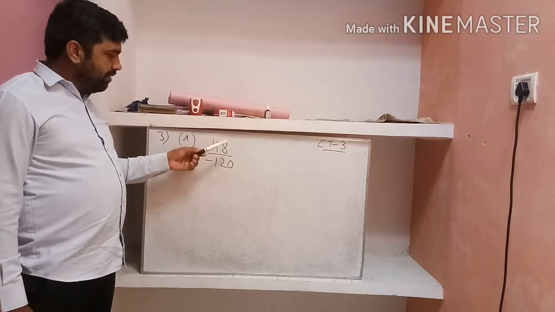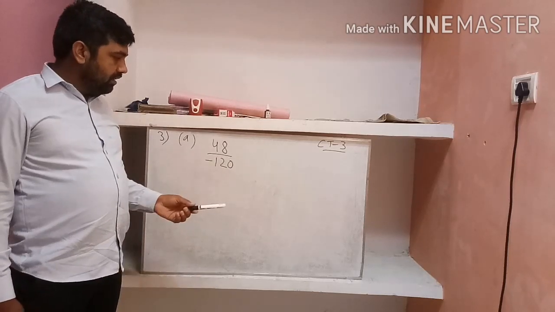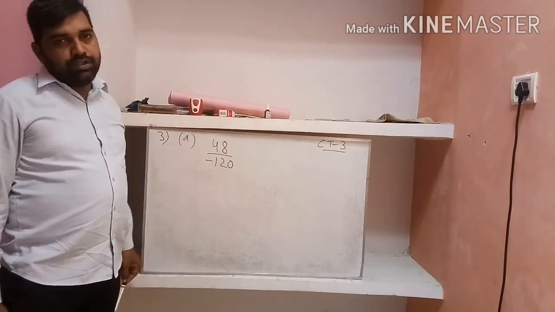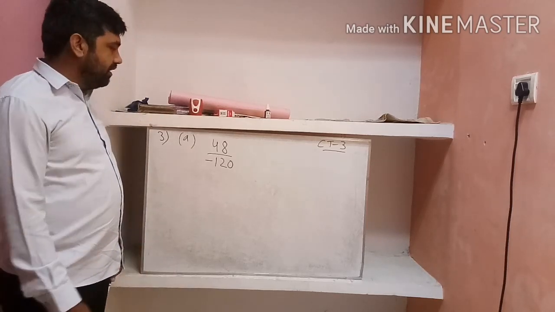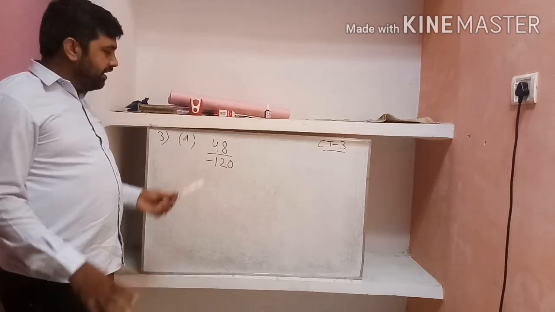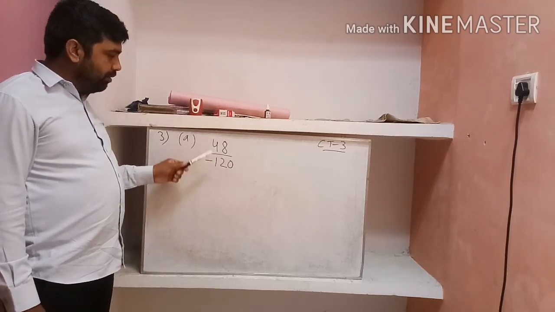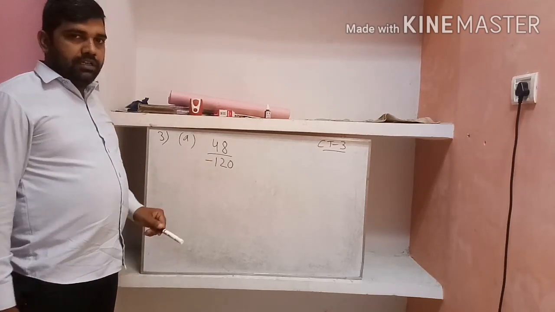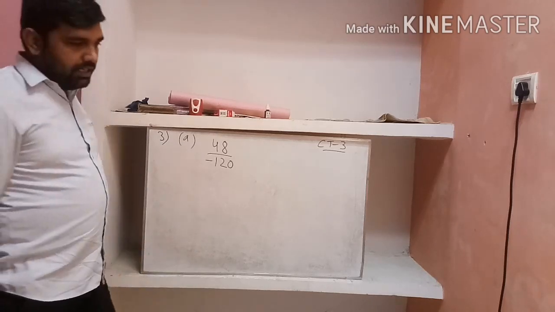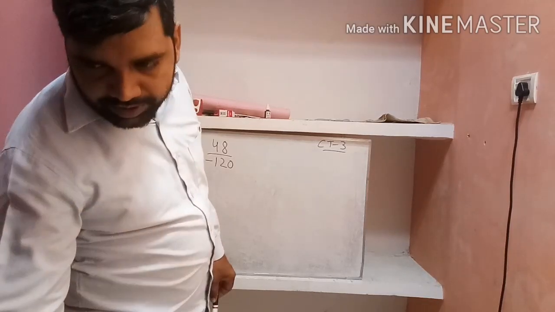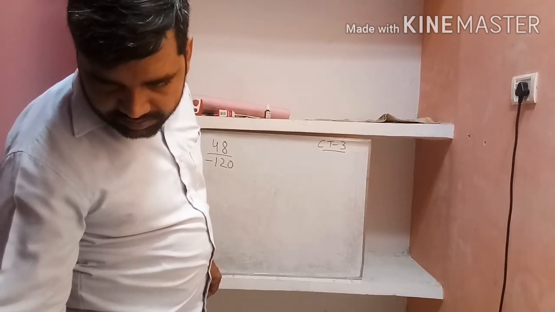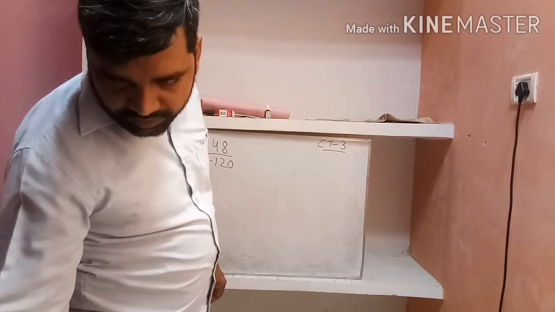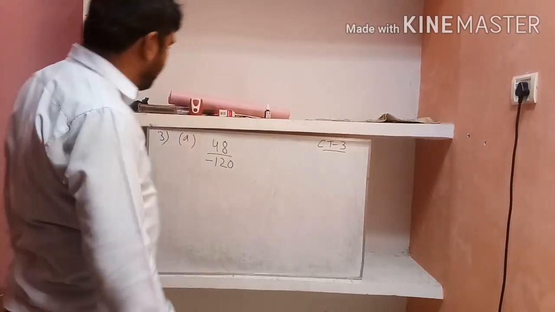You divide and simplify till you get a numerator and denominator which do not have a common factor except 1. If you are getting any common factor, you divide both the numerator and denominator again. At the last stage, when you do this operation, you will get a simplified form. After that you will not be able to divide it.